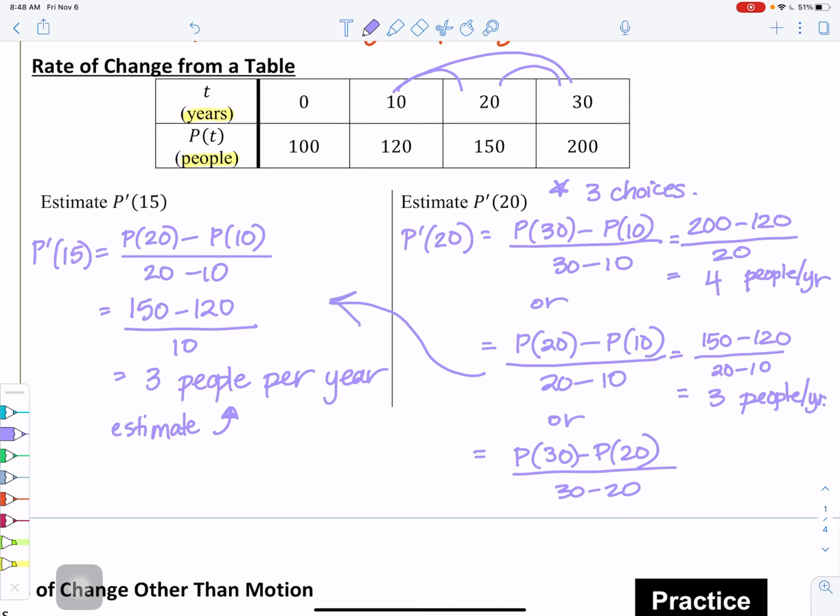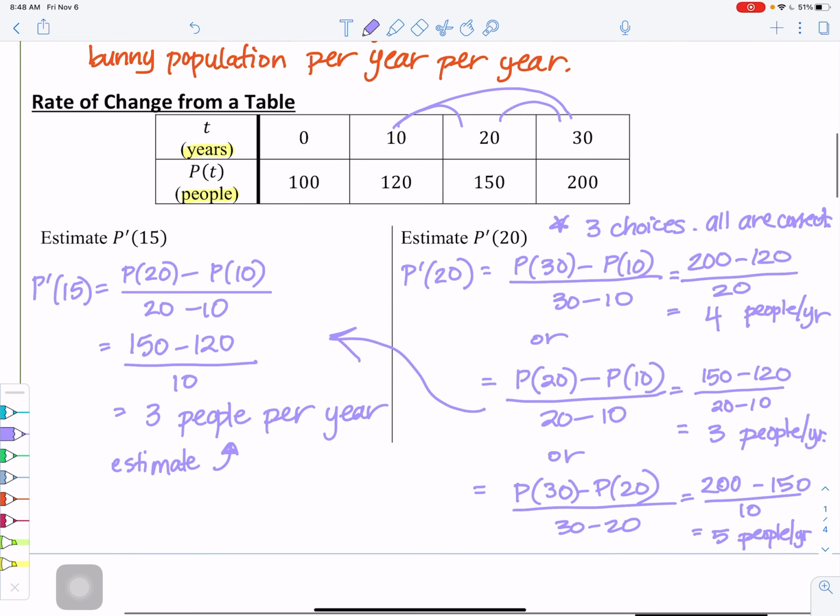Or P of 30 minus P of 20 would be 200 minus 150 all over 10, and that would be 5 people per year. So all 3 of these are correct. What wouldn't be correct is using 0 to 30. We want to stay as close as possible to the data value that is being asked to be estimated. And that concludes this topic.